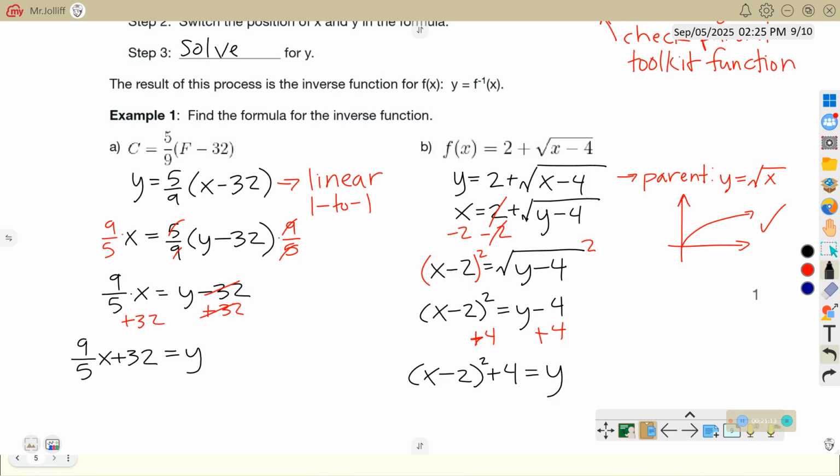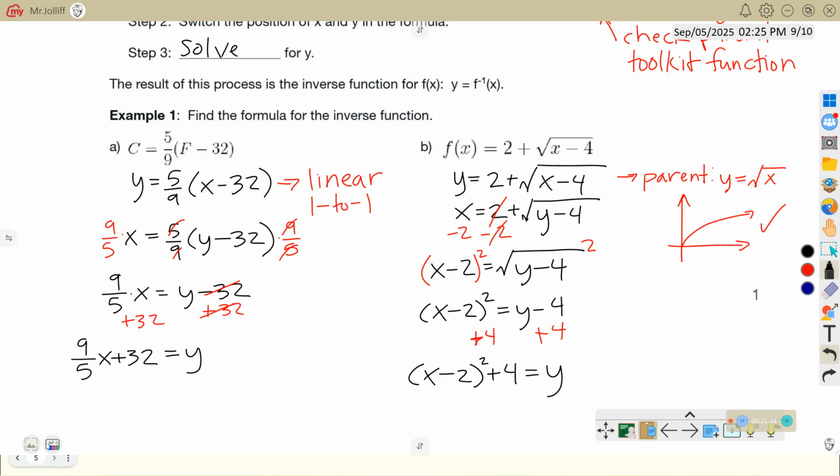I had a positive 2, I'm subtracting 2. I had a minus 4, I have a plus 4. I was taking a square root, now I'm squaring something. It makes those connections between the original and the inverse a lot more clear in this form. Right, because the 2 and the 4 switch places.